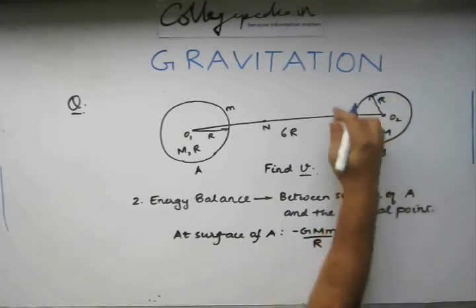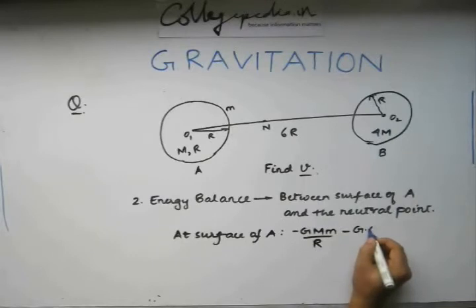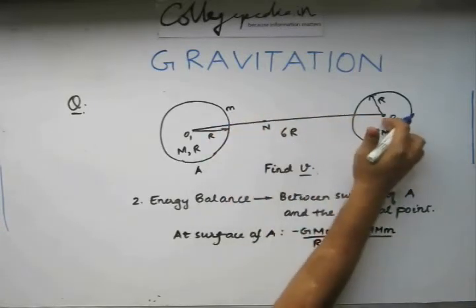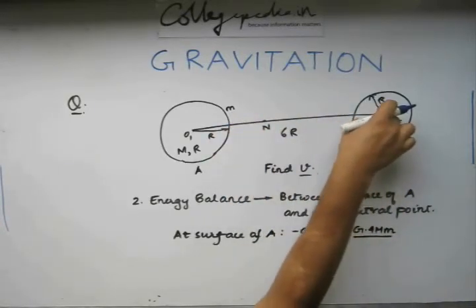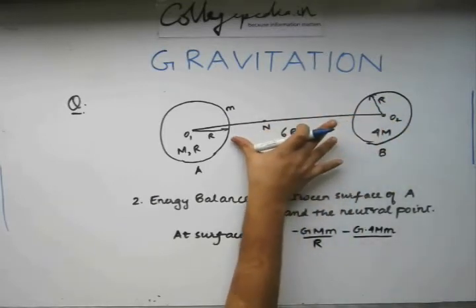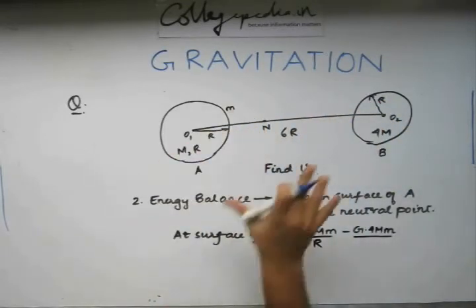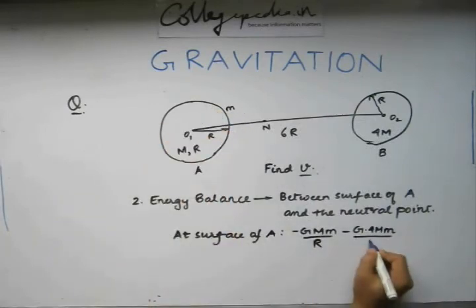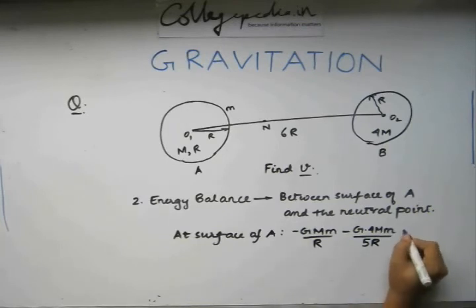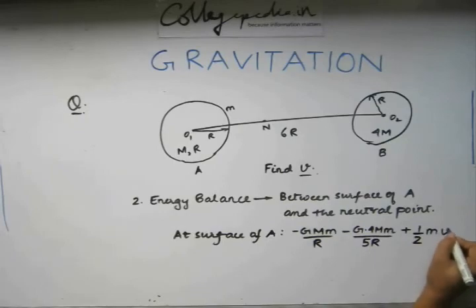The potential energy due to this mass is going to be minus G into 4m into small m divided by this distance, which is r plus 4r, basically 5r, because this is 6r minus this r. So it is going to be 5r. And the kinetic energy that we provide to this body is plus half m v square.